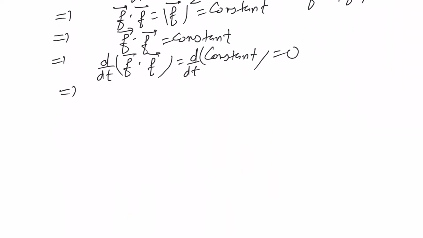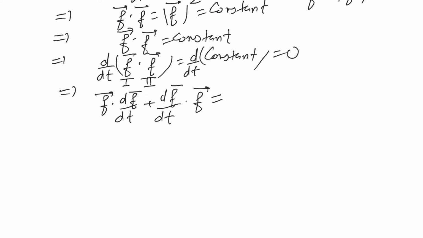Now applying the differentiation rule in dot product, we will keep the first function as such and differentiate the second, and then differentiate the first and keep the second function as such, and differentiation of a constant is 0.